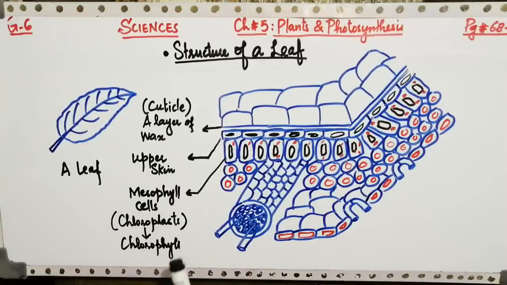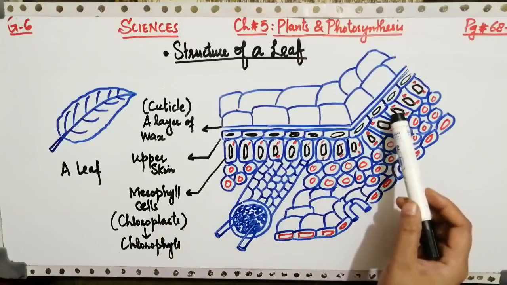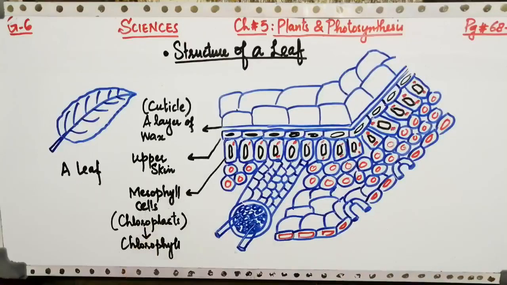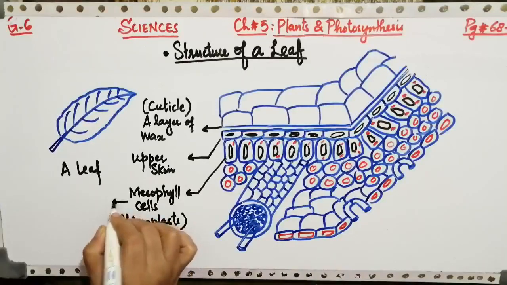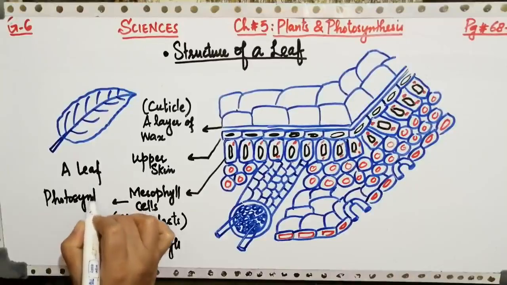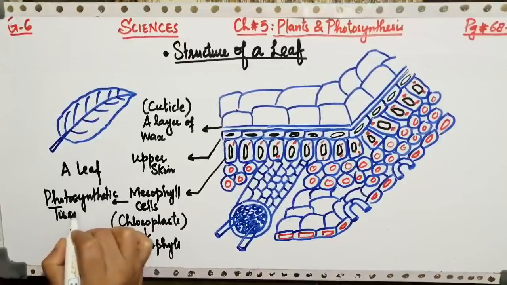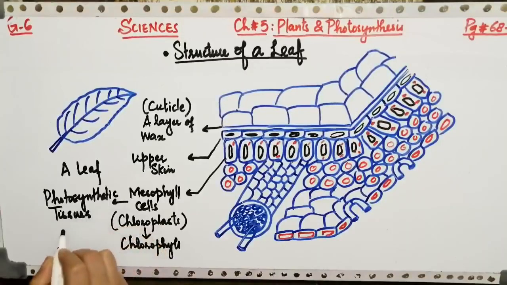So chloroplast containing chlorophyll is the main requirement of photosynthesis, and photosynthesis takes place in the mesophyll cells, which are the photosynthetic tissues in leaves. Photosynthetic tissues means those tissues in which photosynthesis occurs.